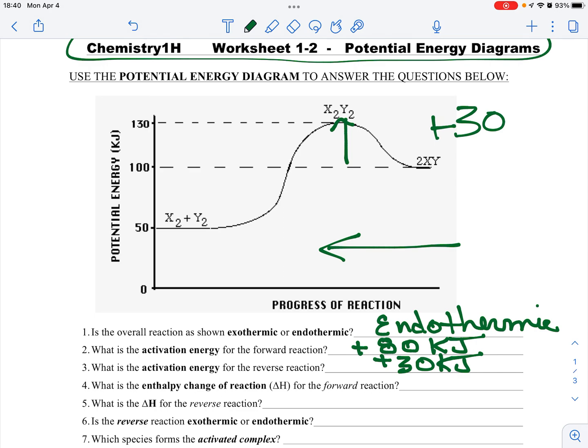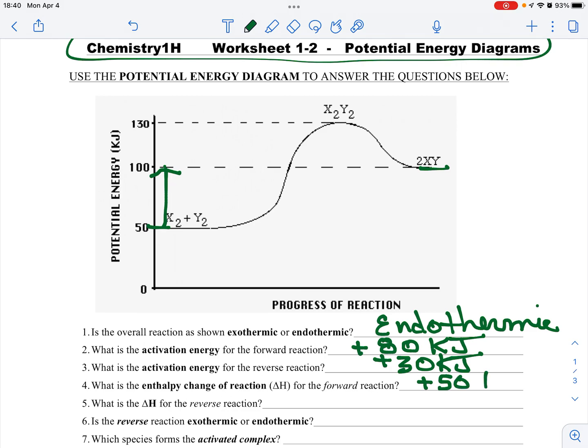Next, we are going to look at what my enthalpy change is for the forward reaction. You can see in the forward reaction we have a plus 50 kilojoules. And for the reverse reaction, we're going to have a negative 50 kilojoules. Then we're asked, is the reverse reaction, going this way, endo or exothermic? And of course, that'll be exothermic.